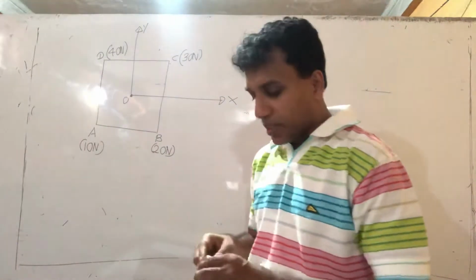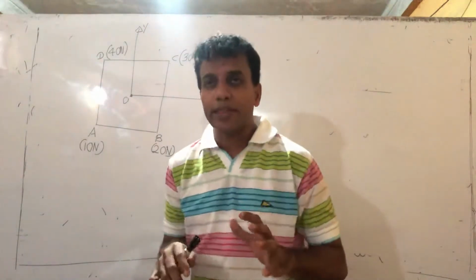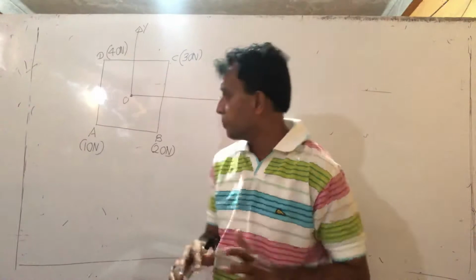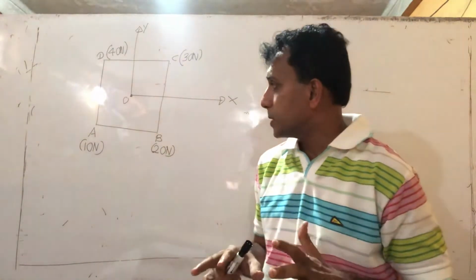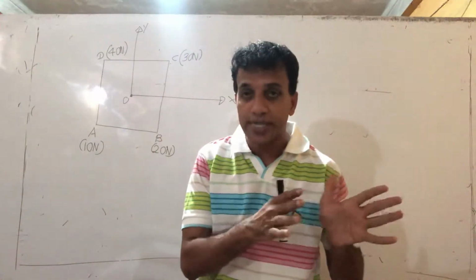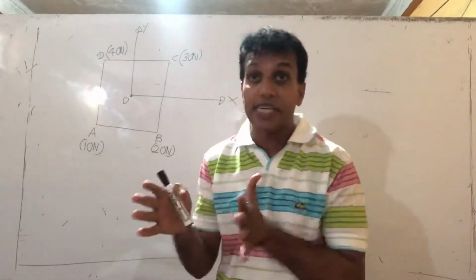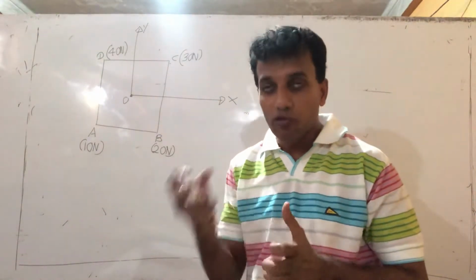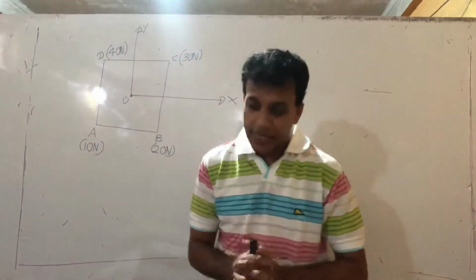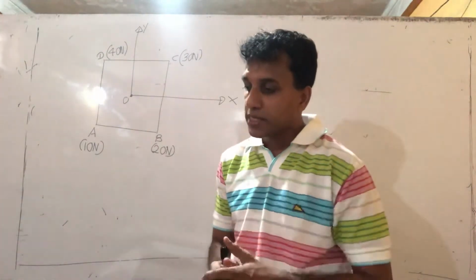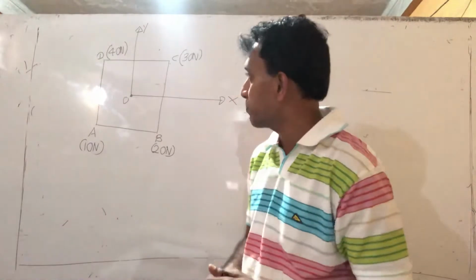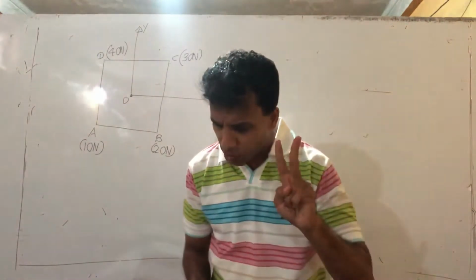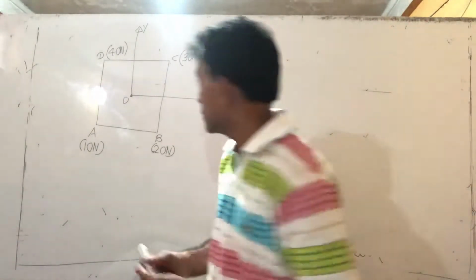Okay, so this is the simple method of systems of particles CG. First you have to use Varignon's moments theorem: the algebraic summation of the moments of all forces equals the resultant moment about the same point. That's what you have to use, right? They said the side of the square is 2 meter.